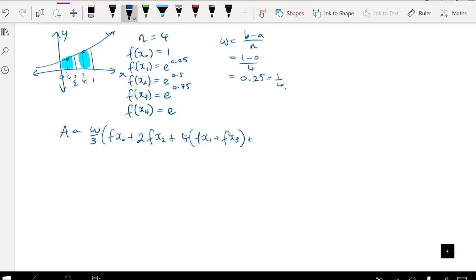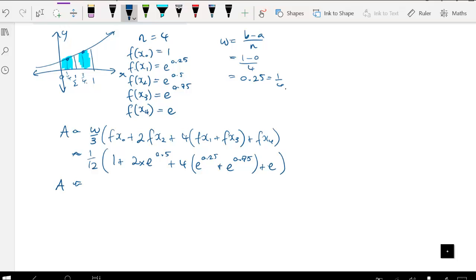We then have our endpoint, which is f of x4. So when we put this all in, we've got 1/4 of 1/3, which is 1/12. f of x0 is 1. We've got 2 multiplied by e to the power of 0.5. 4 multiplied by e to the power of 0.25 and e to the power of 0.75, and then we have e to the power of 1.